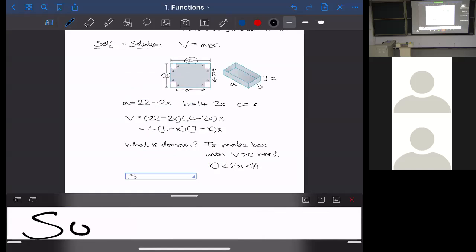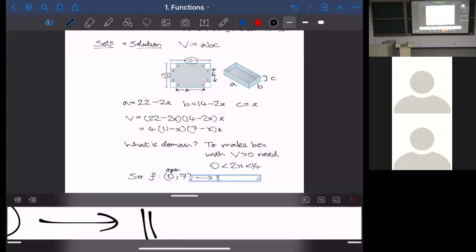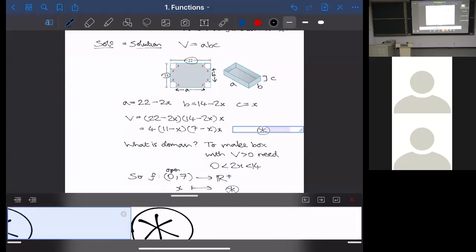So my function f should be from the domain 0 to 7, open interval, to R plus, and this function takes x as input and gives this as output.